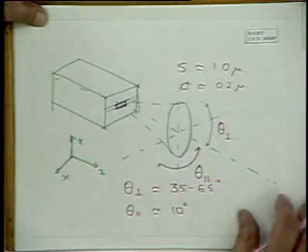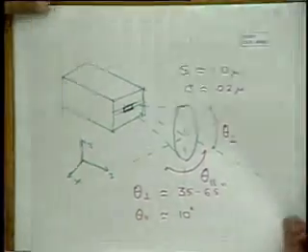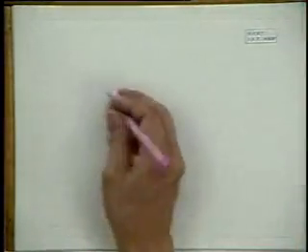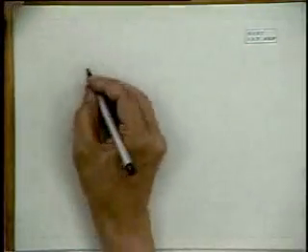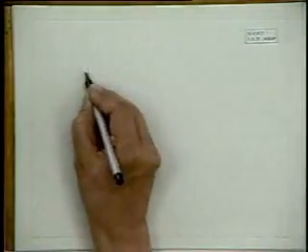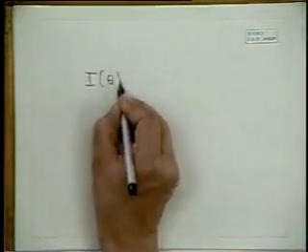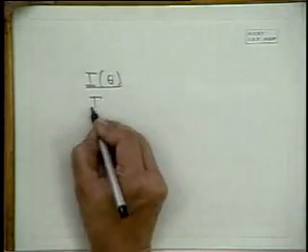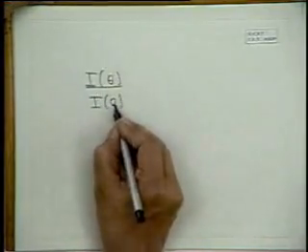I'll get into the actual expressions for this next time. We want to look at how I theta over I0 varies, where I0 is on axis.